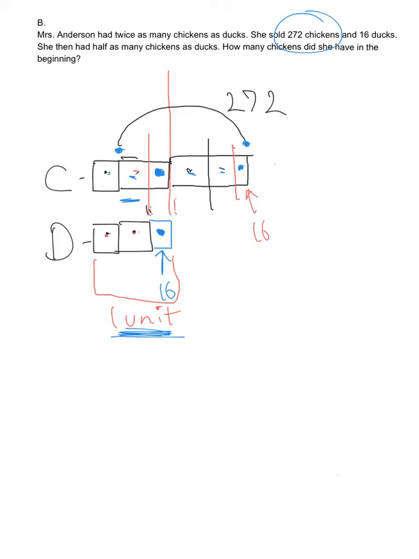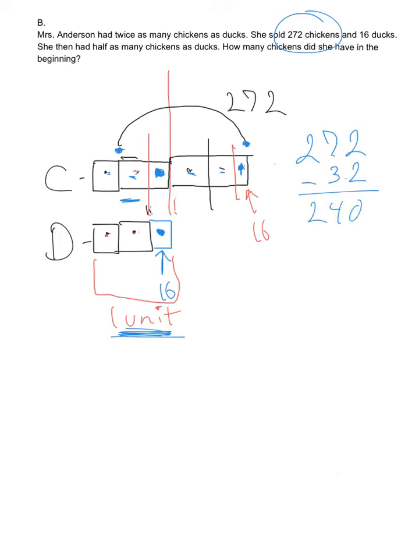So, you're probably already ahead of me. I'm going to take my 272 and I'm going to subtract my 2 16s that I know of. My 16 here and my 16 here. So we're going to subtract out 32 from our 272, leaving us with how much? 240.